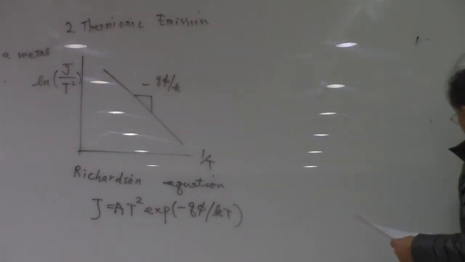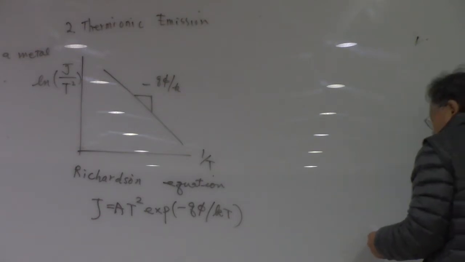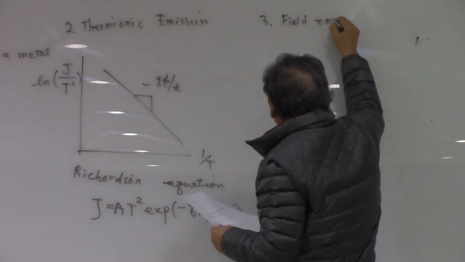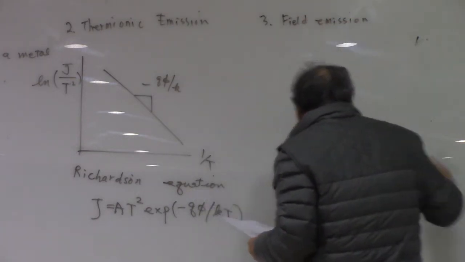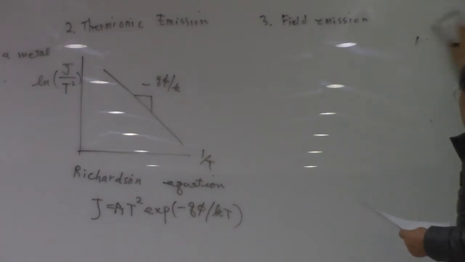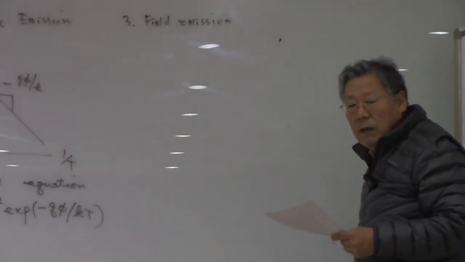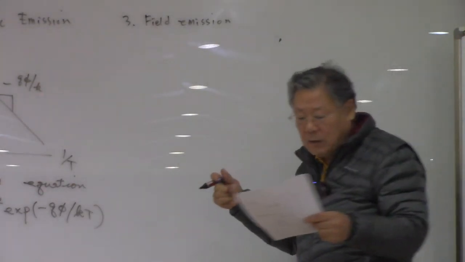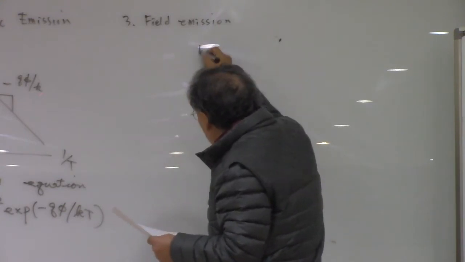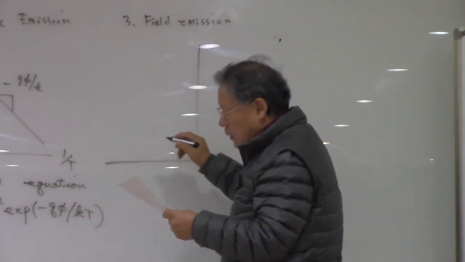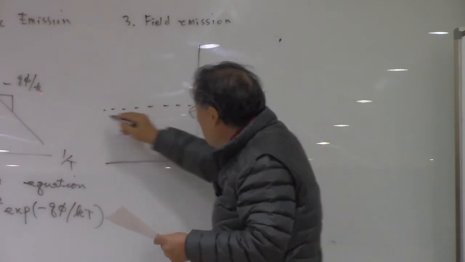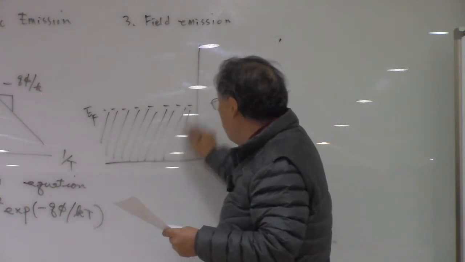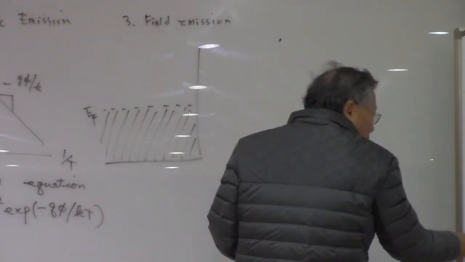And the next thing is the field emission. Field emission means if you apply a high electric field to the metal surface, then the electrons will be excited and they're coming out from the metal surface. That's simple. Now, if you have a metal system, and this is the Fermi energy, and after the Fermi energy, all electrons are occupied, in this fashion, right?